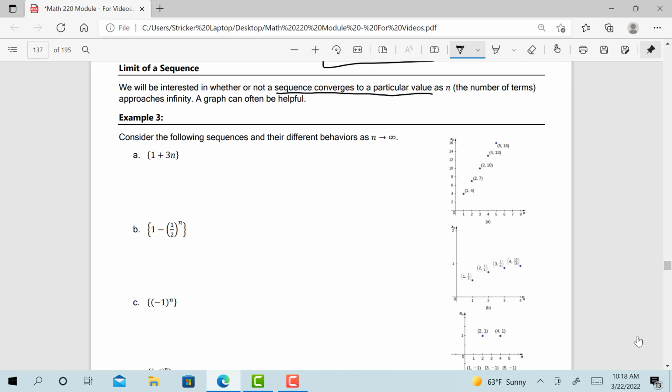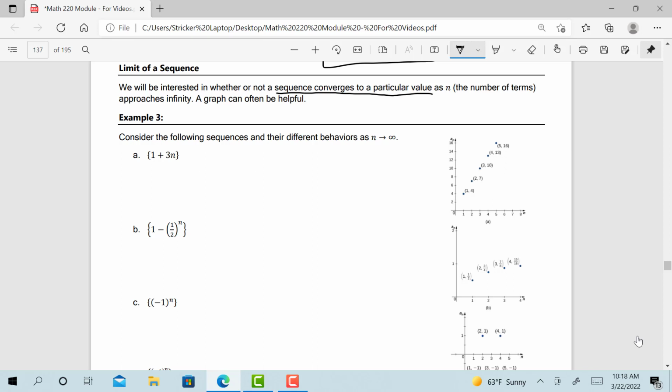So this first sequence that we see here is actually what we call an arithmetic sequence. We're adding a specific amount, in this case 3, to the term for every term. So the terms get bigger by 3 each time, and you can see that here in the graph. So we have 4, and then 7, and 10, and 13, and 16.